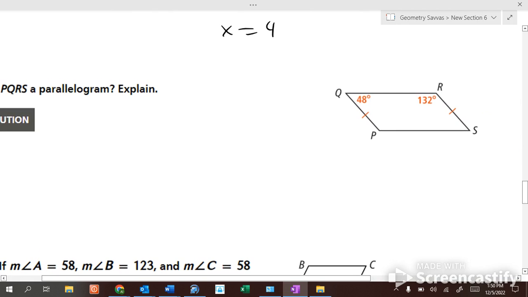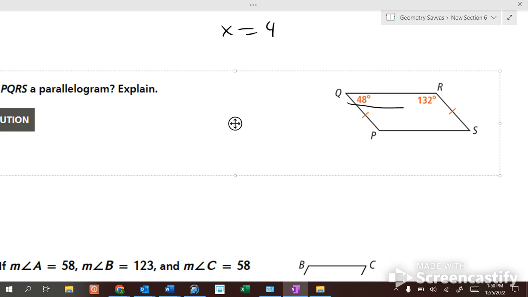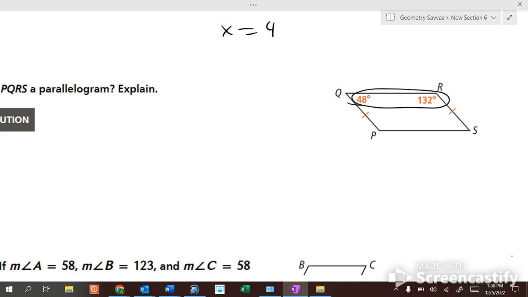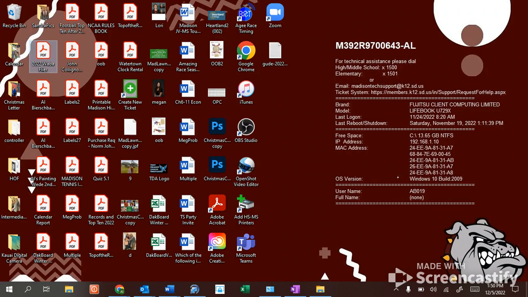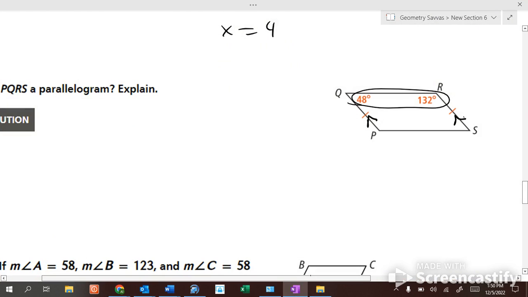Is this a parallelogram? Looks like a parallelogram. And because these are supplementary, that makes this side parallel to this side. If this side is parallel to this side and these two are congruent, is it a parallelogram? The answer is yes.